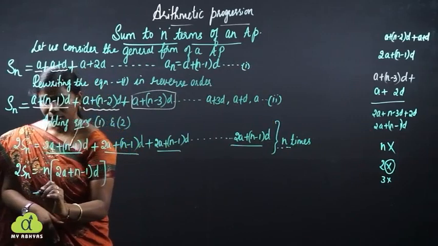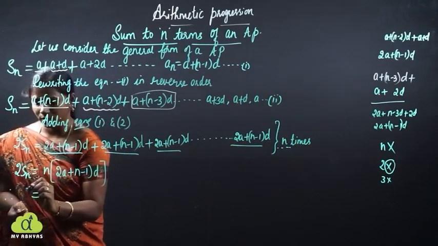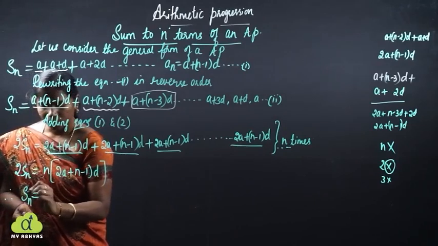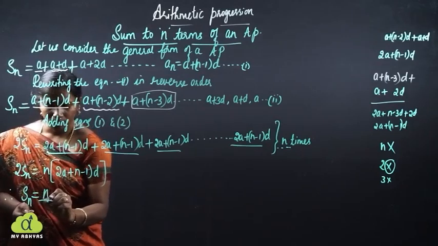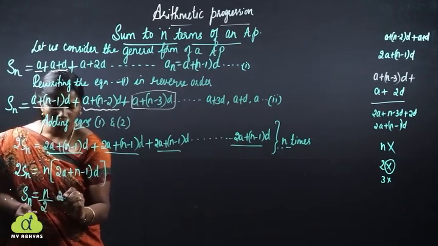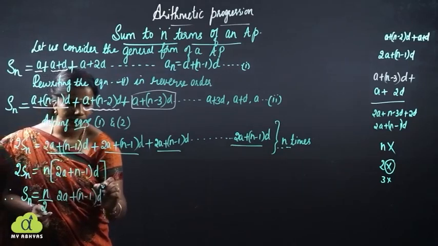Now, look at this. It is 2 times Sn, therefore 1 time Sn, the sum to n terms, is equal to, now bring this 2 down, n by 2 into 2a plus n minus 1 into d.